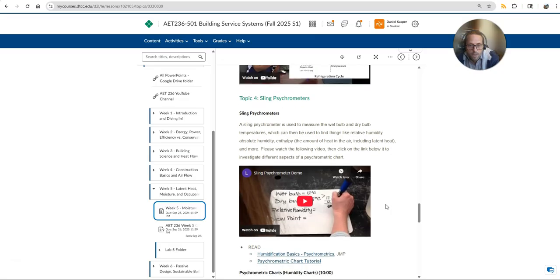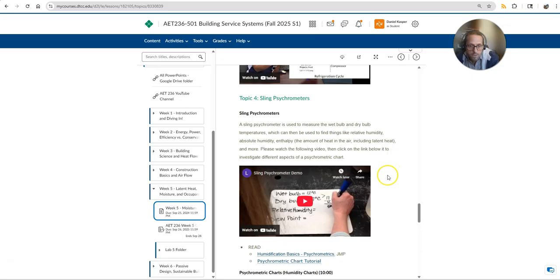And then finally, we're going to get into psychrometry. You'll use something called a sling psychrometer, which is a little piece of equipment that you'll use in lab that you literally just swing around. It's kind of hard to visualize. You just swing it around, and what it does is it tells you something called the wet bulb and the dry bulb.